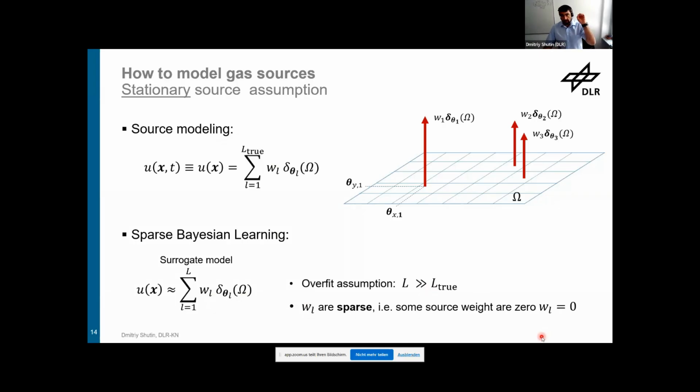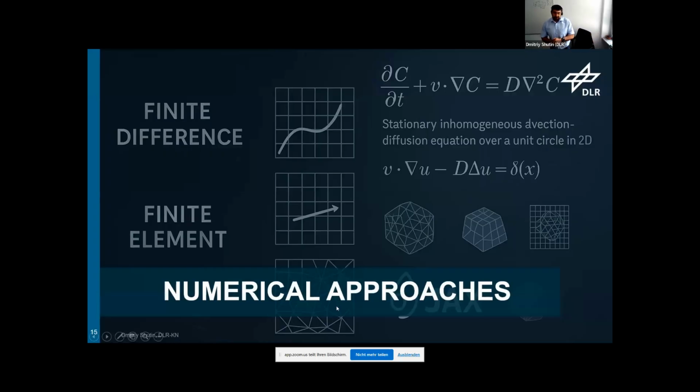All right, so we have now the model, we have now the assumption about the sources. How do we proceed? Today I will talk about two principal approaches that we have tried to address this problem, to identify the sources and their locations. One of the approaches is a completely numerical approach.